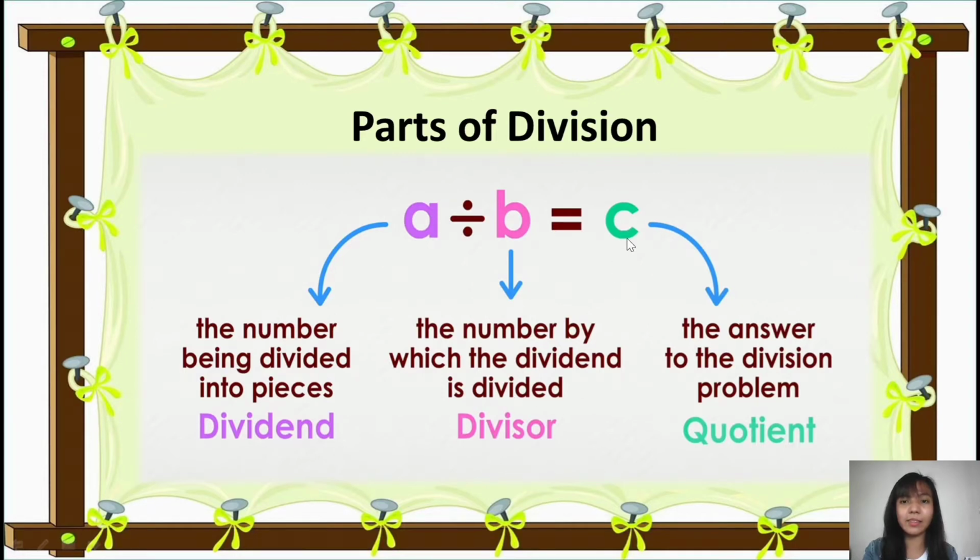And the C here stands as the answer to the division problem. It is called the quotient. So dividend, divisor, quotient. Alright. So these are the parts of division.